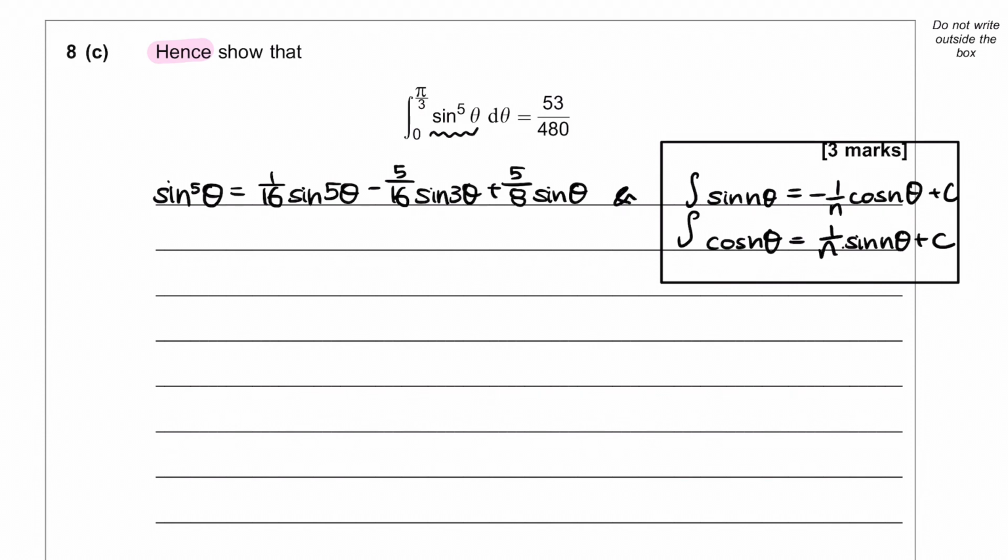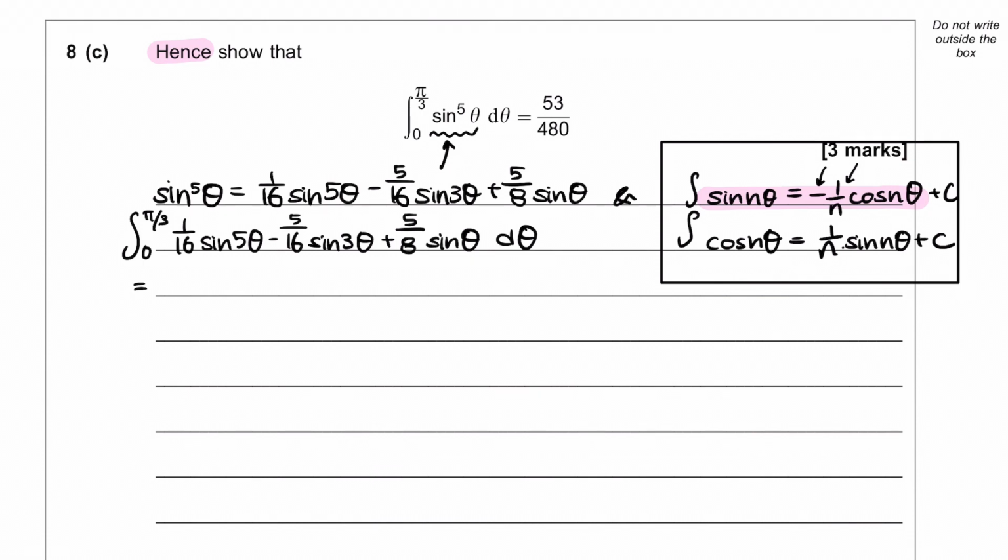But instead of sine to the power of 5 theta, we're going to substitute the right-hand side here. Then the integration becomes this. Now we're using integration of sine theta, so we use this one. Here, you have to be careful with your sign, and you have to make sure you divide the value by your n.